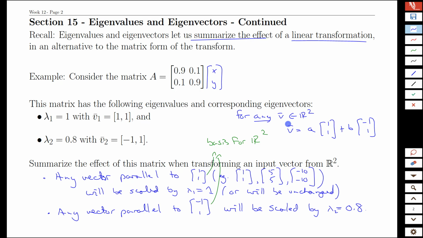This is just, how do I get to this vector? Well, follow this direction for a times and follow this direction for b times. And then A of v will be the same as the transform of each one of these things separately. And then A applied to this vector is going to be just a scaling, and A applied to this vector is just going to be a scaling. And so that's going to be much easier to compute than the general Av that we see in this form here. More illustrations will follow.